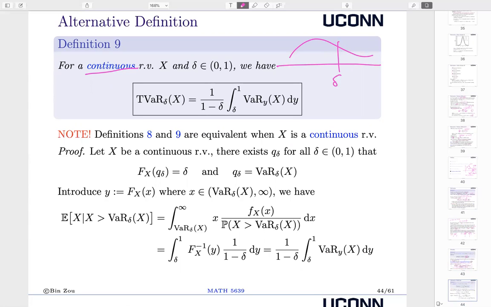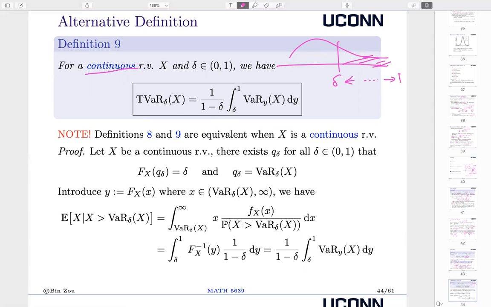Between delta and 1, meaning I'm looking for this part, right? So assume the right-hand side is 1. I only look at VaR that is between delta and 1, and I'm trying to do the average because I'm doing an integral and dividing by 1 minus delta.